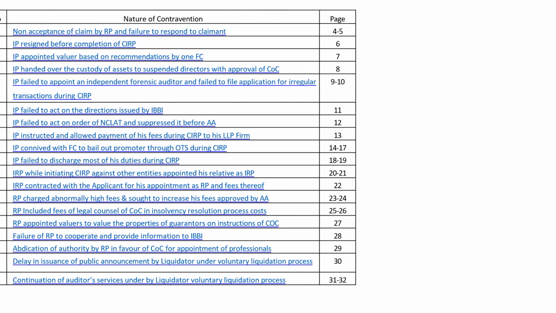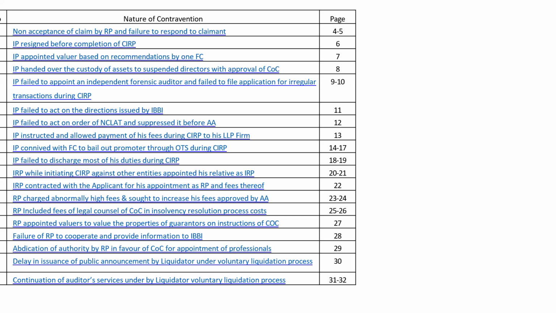अभी तो चेंज आ गया, अभी रेगुलेशन हमने देखे 35(1), तो there could be a proposal by COC also, ठीक है। IP handed over the custody of assets to suspended directors with approval of COC, so that also is not permissible. IP failed to appoint an independent forensic auditor and failed to file application for irregular transactions. IP failed to act on directions issued by IBBI.